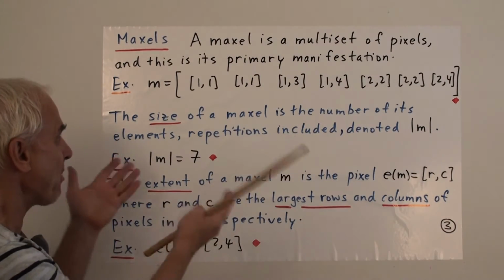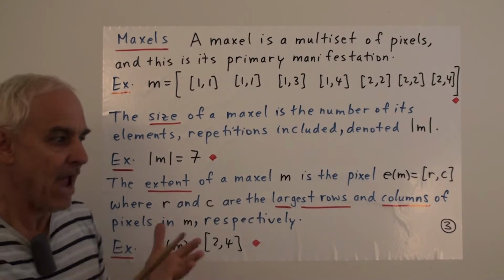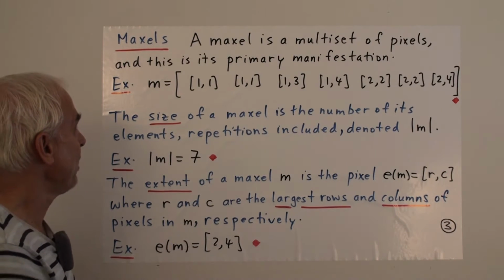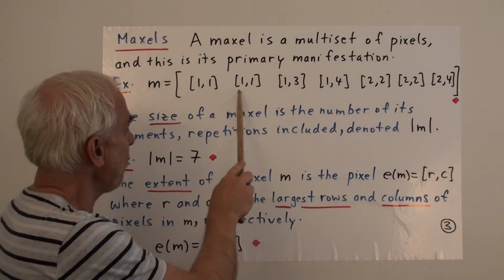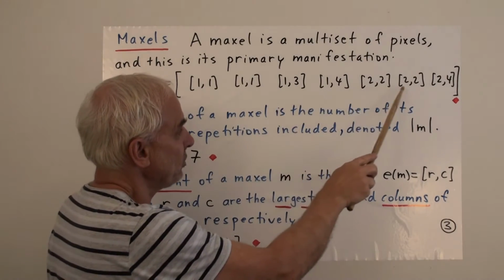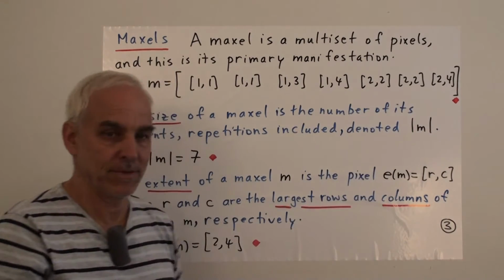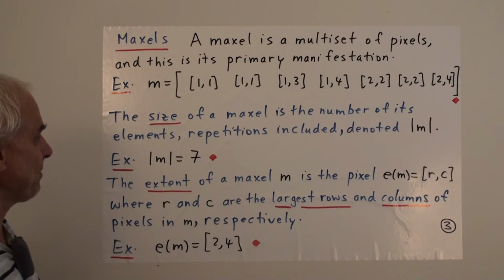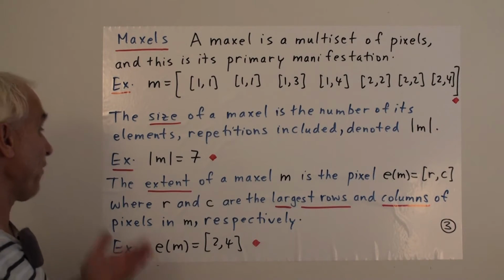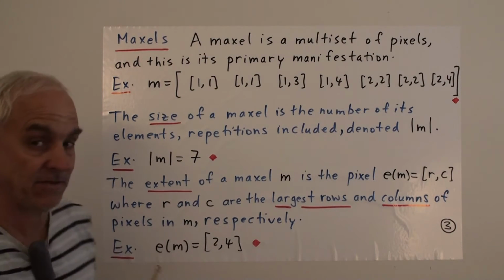And that's its primary aspect of what it really is. So here is a maxil M consisting of 1, 1, 1, 1, 1, 3, 1, 4, 2, 2, 2, 2, and 2, 4. These are all pixels, and this is a multi-set containing those pixels. So a natural first thing to define is the size of a maxil.